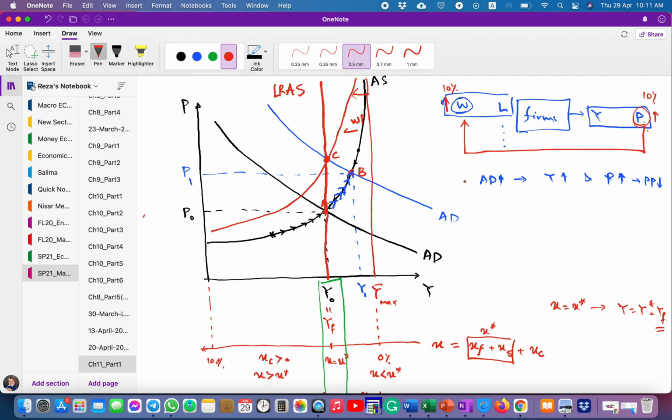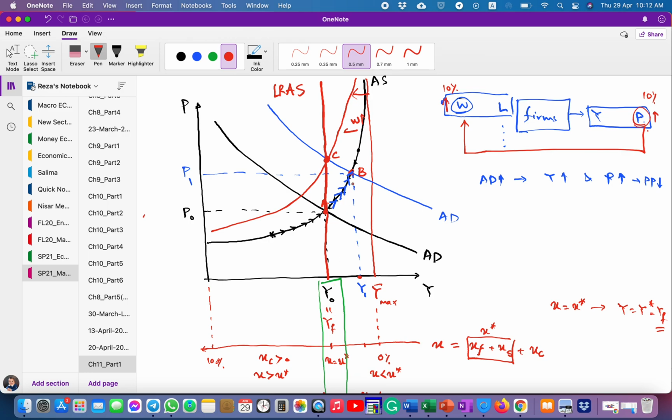And this is where we might actually have a negative cyclical unemployment. Those who normally prefer to be unemployed, as frictional or structural, will also get jobs, and that is causing the wages to go up.